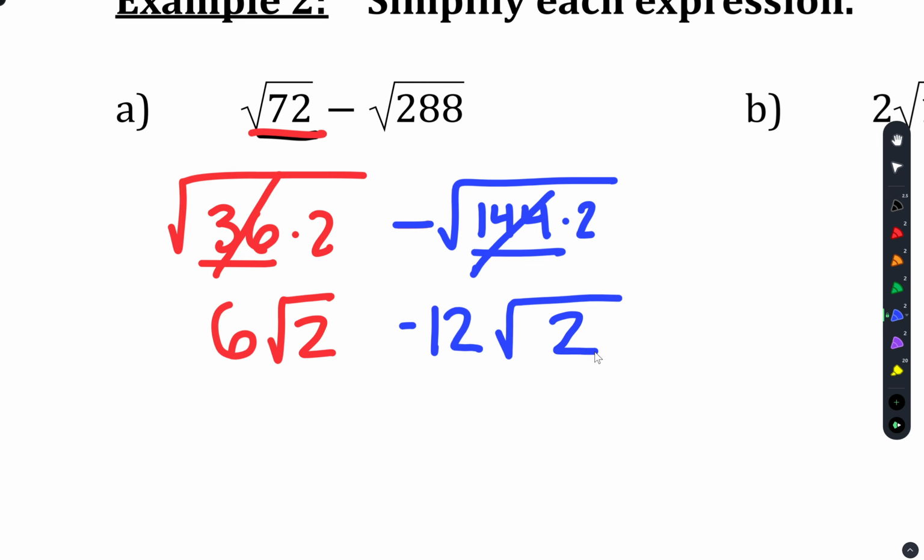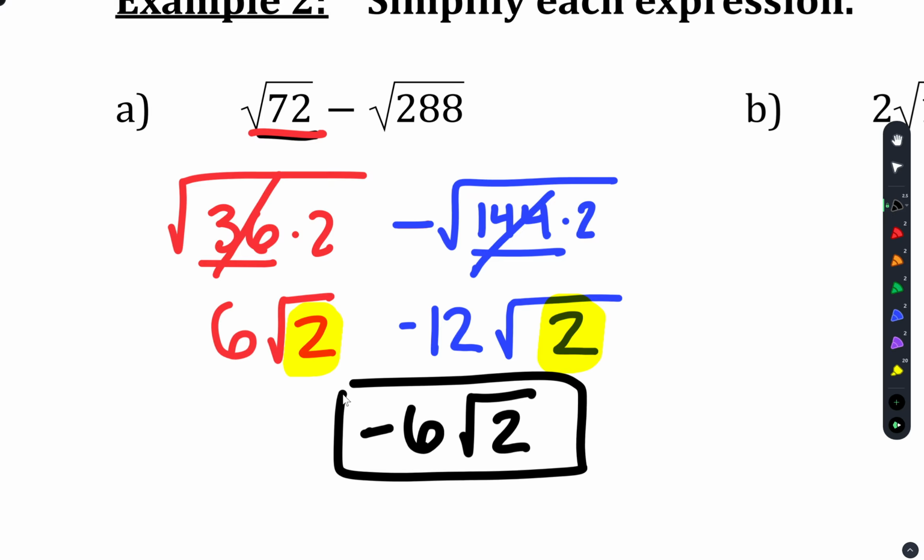Now, in the two things that I have now simplified, do I have radicands that are the same? So I'm going to continue simplifying these two numbers. 6 radical 2 minus 12 radical 2 is negative 6 radical 2. Any questions on that? Okay.